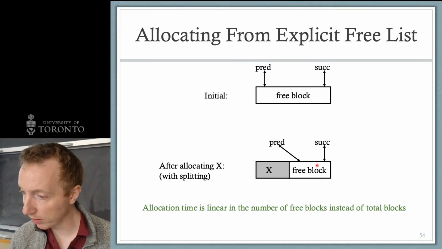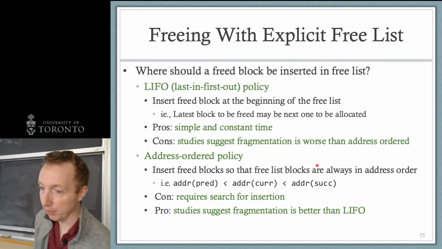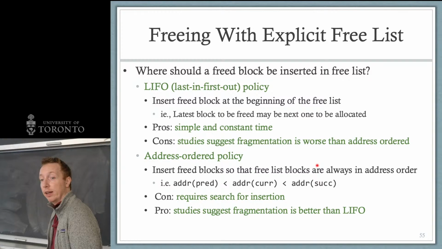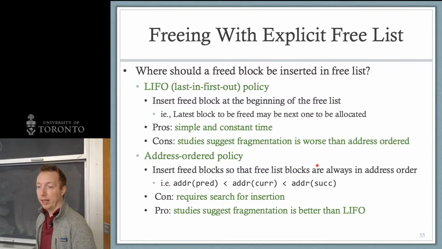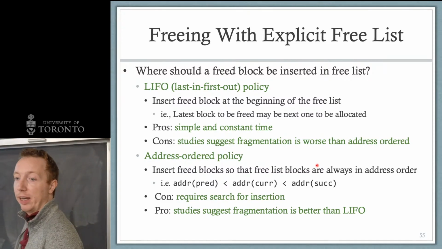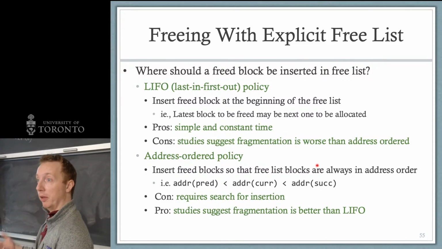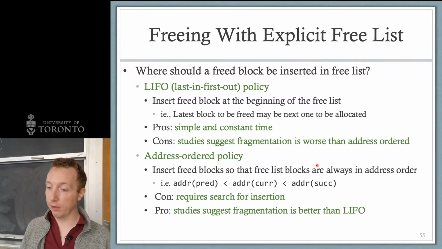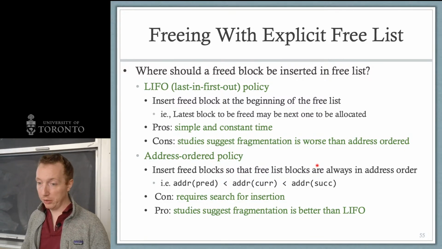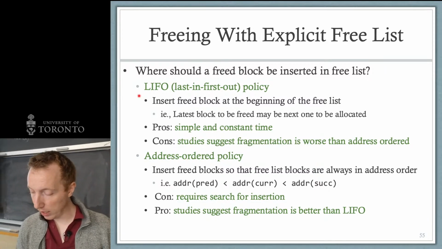Everyone loves pointers. All right, so if you free from just an explicit free list, then you get to decide, hey, since I have an explicit list of frees, where does this free block get inserted in the free list? So you can do whatever you want. You could do last in, first out.